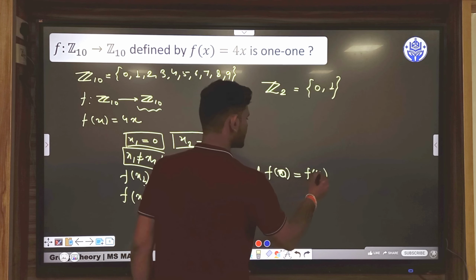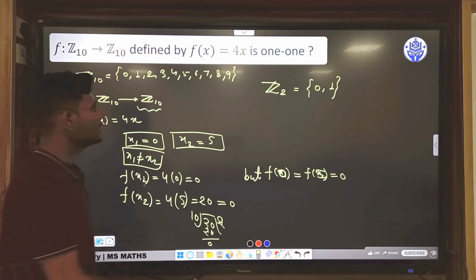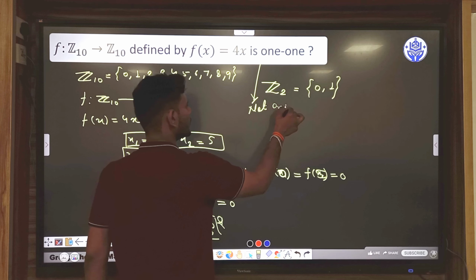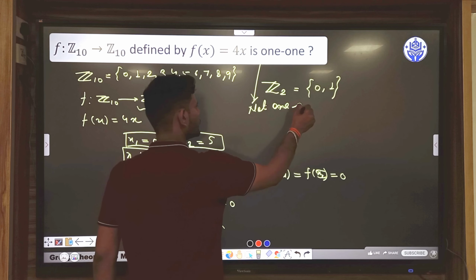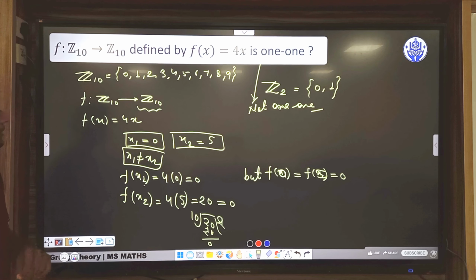It means 0 is equal to 5, that is 0. So clearly, it is not a one-one mapping. This is how we can identify this particular case.